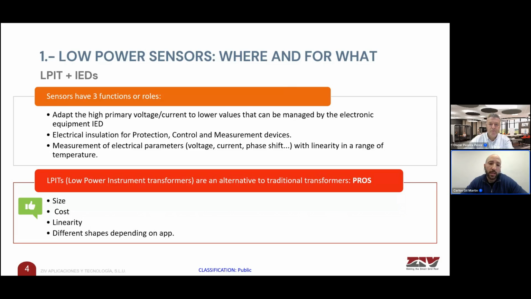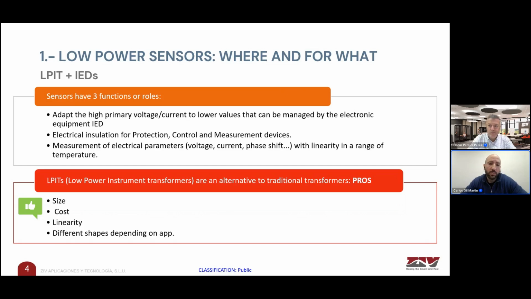The second one is to give electrical insulation for the devices connected to them, the detection, control or measurement devices. And finally, the most important is the measurement of the electrical parameters, voltage, current, phase shift, with linearity in a range of temperature.